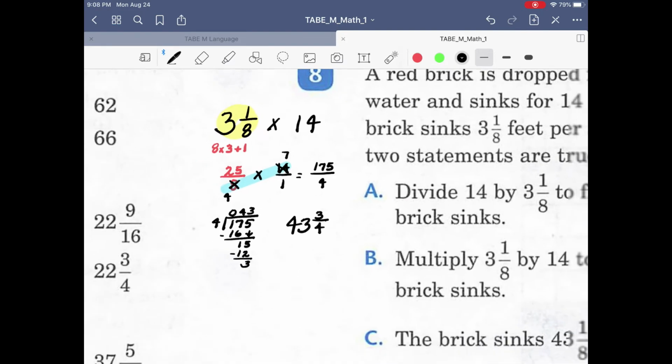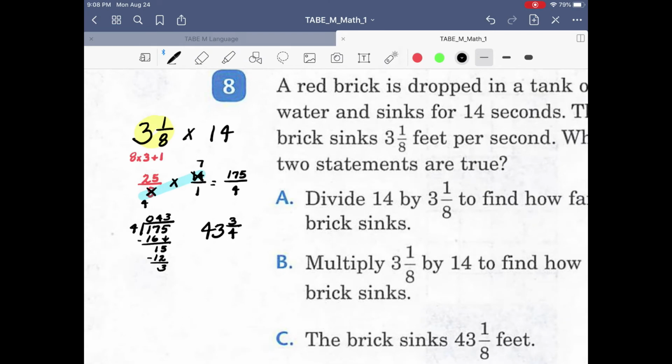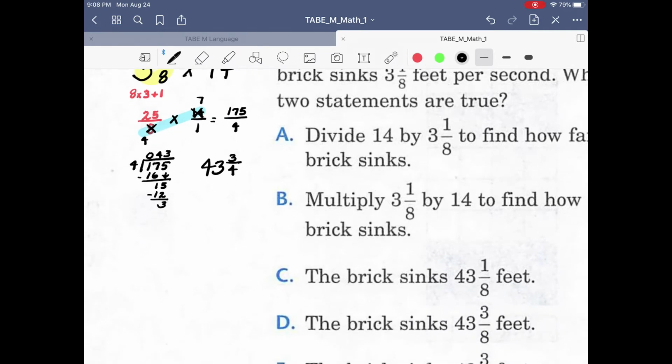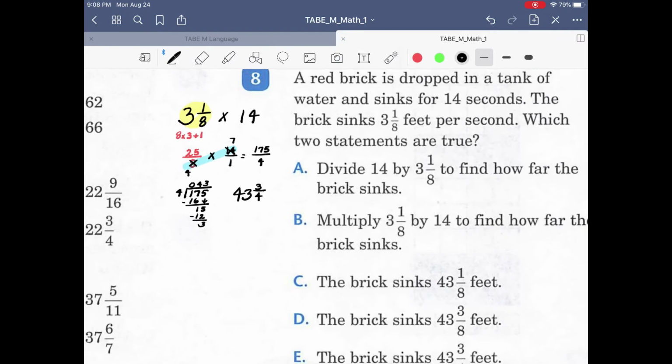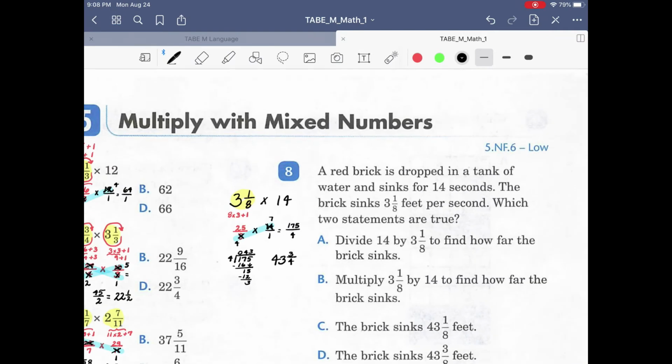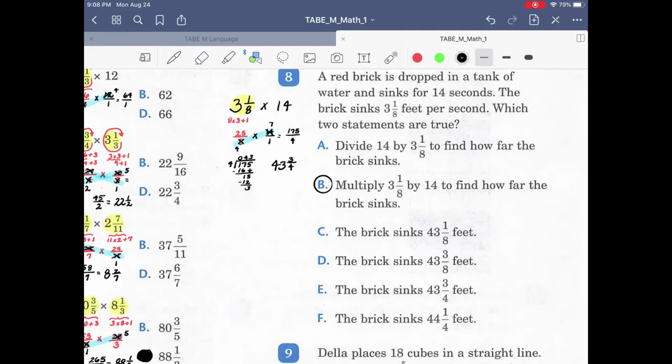And we need two statements here that are true. Divide 14 by 3/8. No, we did not divide. Multiply 3 1/8 by 14 to find how fast or how far the brick sinks. That is definitely what we did. The brick sinks 43 1/8.